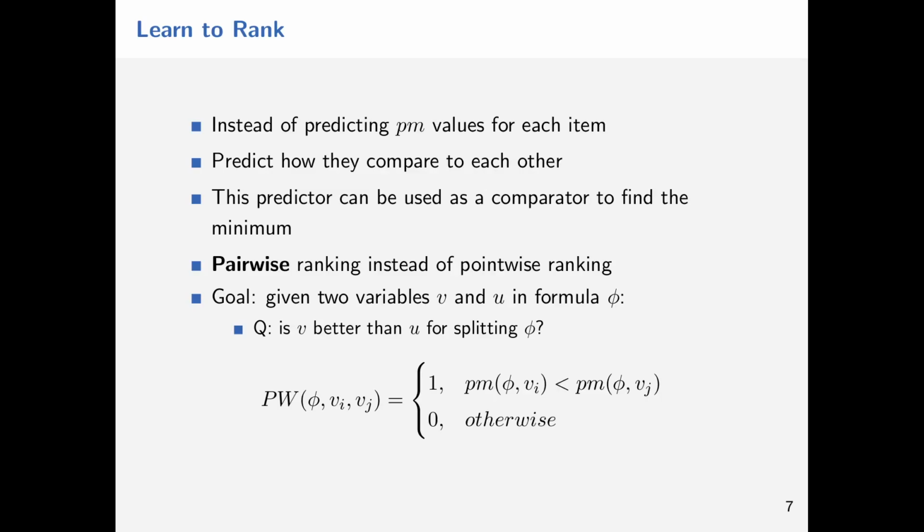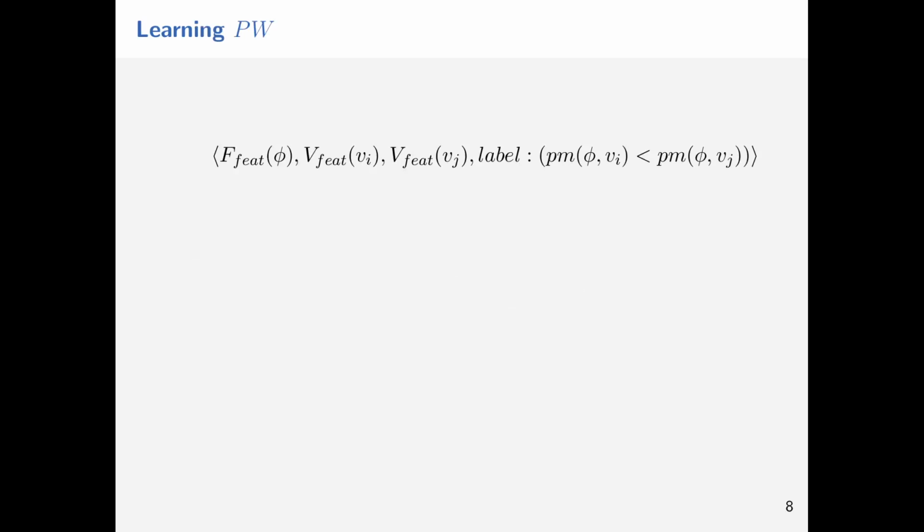Because it's a 0-1 function, we could train a binary classifier to approximate this target function. To train it, we generate data points, which are features of the formula and variables labeled with the comparison of the performance metrics of the two variables. So we form formula features of phi, variable features of the first variable, and variable features of the second variable, and label it by the comparison of the performance metrics.